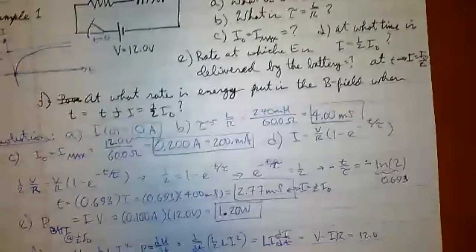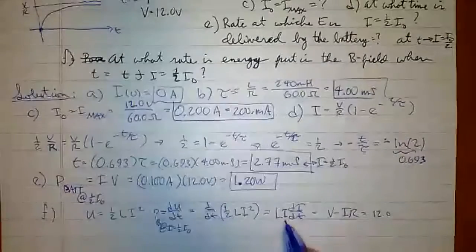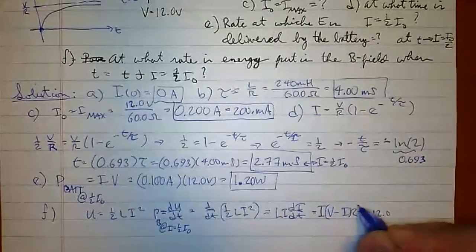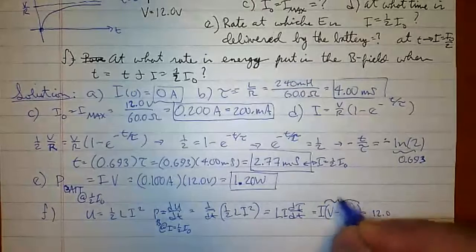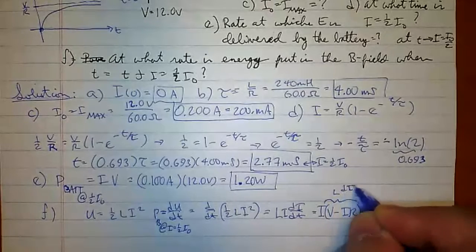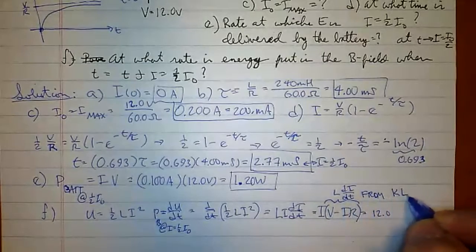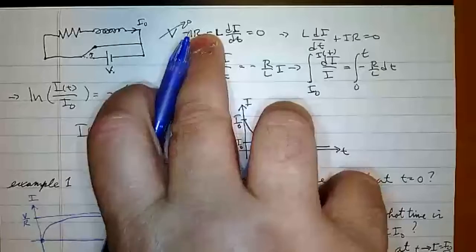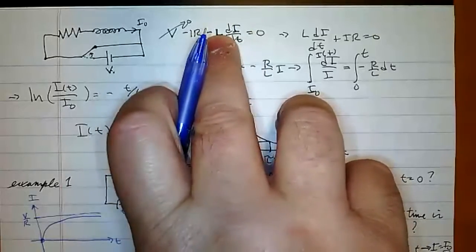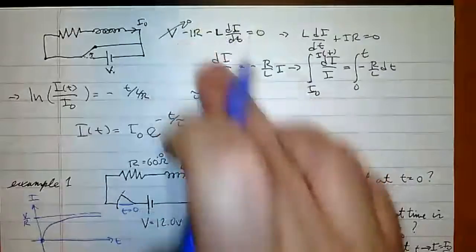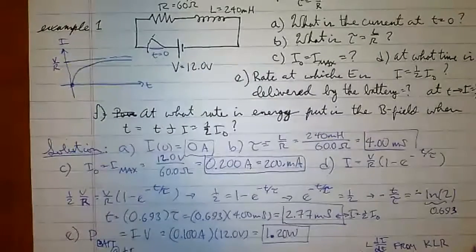Sorry about that. I said it, but I didn't write it. Everybody catch that? It's L I di/dt. So now it's going to be I times this part right here, which is L di/dt from Kirchhoff's loop rule. Again, it came from that right there. If I solve for L di/dt, it puts it on that side. You see it's V minus IR, but I had the I there already.